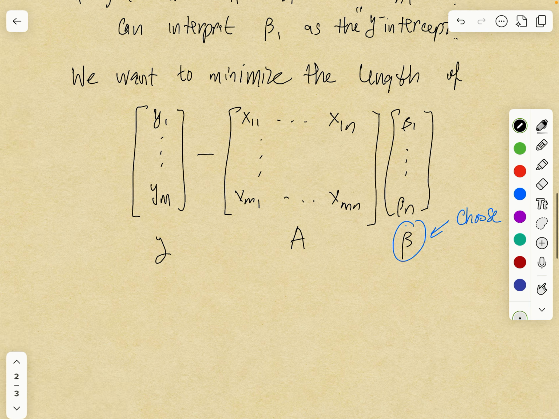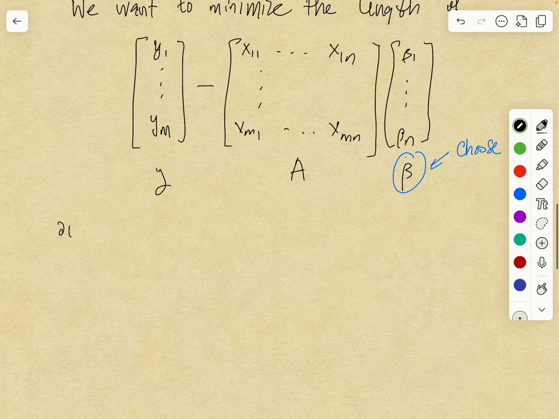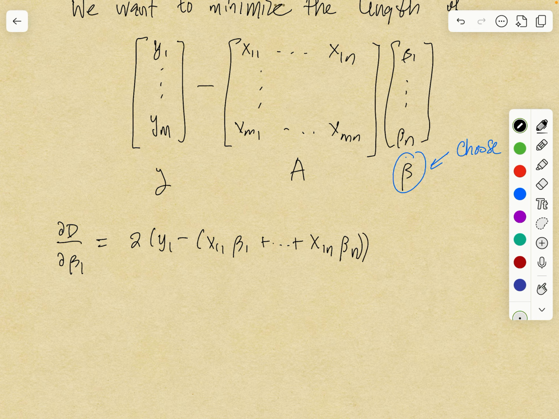Okay. So let's take the partial derivative with respect to beta 1. If you do that, you're going to get 2 times y1 minus x11 beta 1 plus dot dot dot plus x1n beta n, times negative x11.